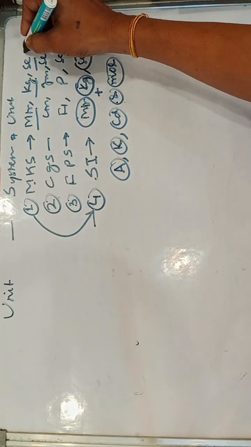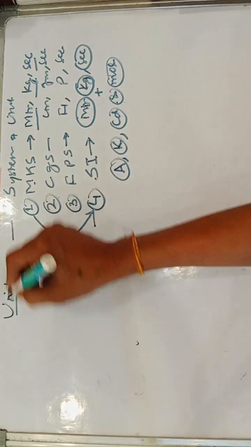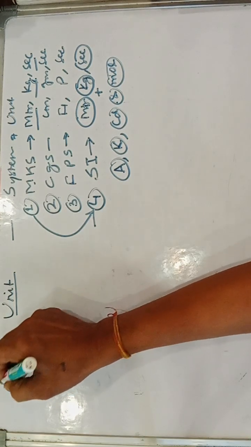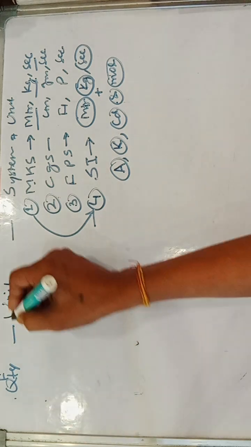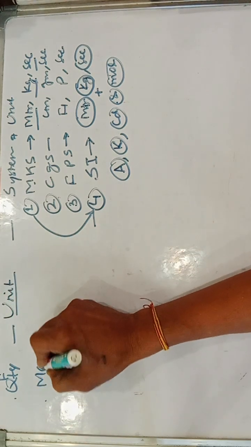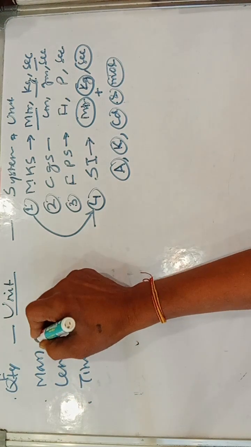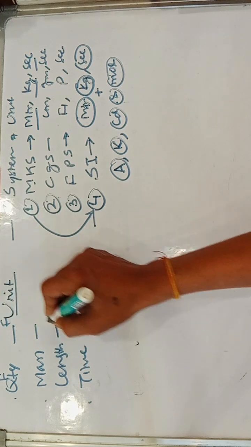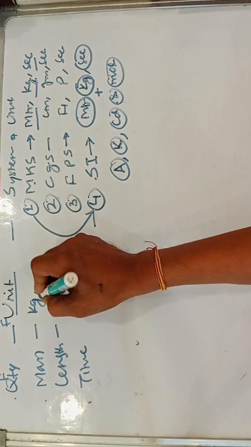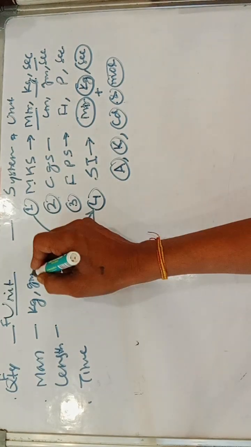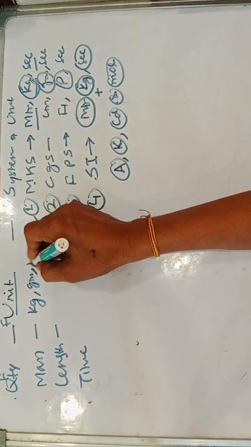Earlier we had 3 fundamental units depending upon fundamental quantity: mass, length and time. For mass, we have kg or gram or pound.